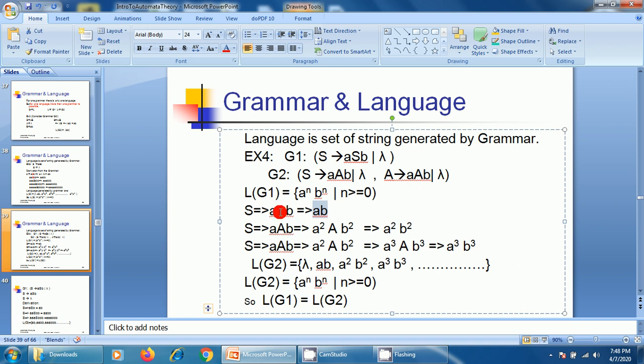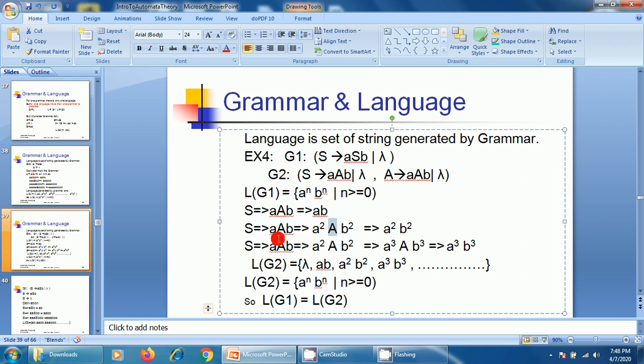But if we put capital A, B in place of capital A, then it is A 2 time, capital A, B 2 time. And now if we put lambda in place of capital A, then it is A 2 time, B 2 time.